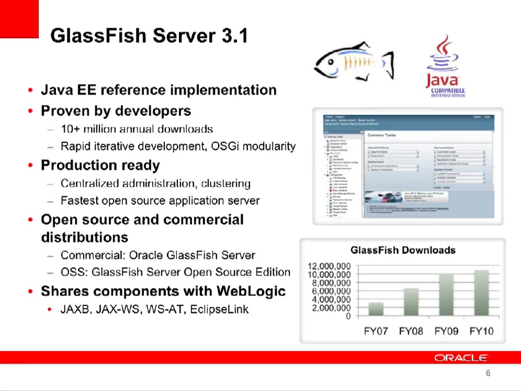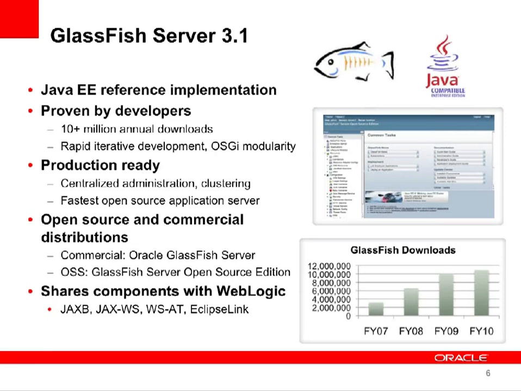The last point I'd like to bring up is that GlassFish Server and WebLogic actually do share a lot of components, and I know that many of the people on this call are both WebLogic users as well as GlassFish Server users. Today, for example, we share the same JAXB implementation, the same JAX-WS implementation, WS-AtomicTransactions, EclipseLink, and so on.